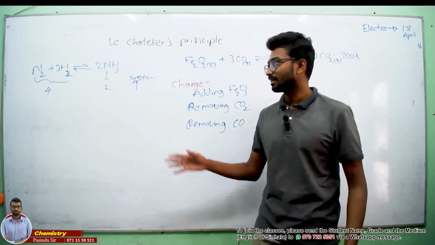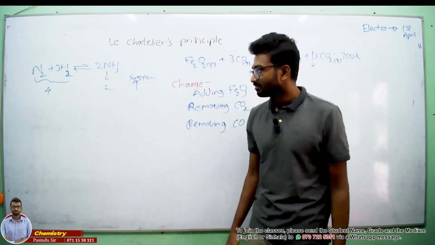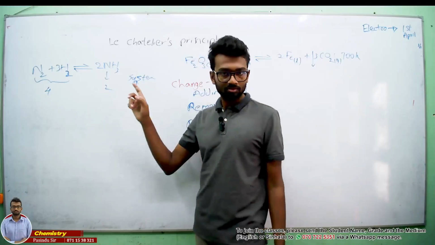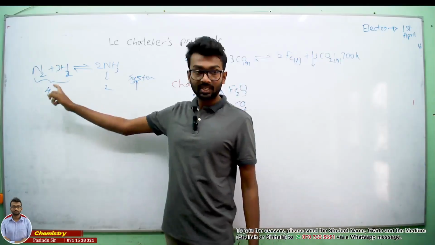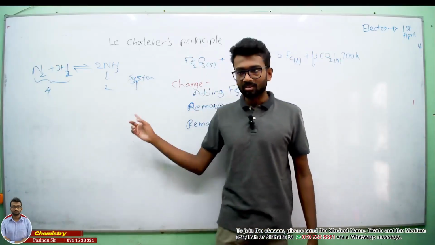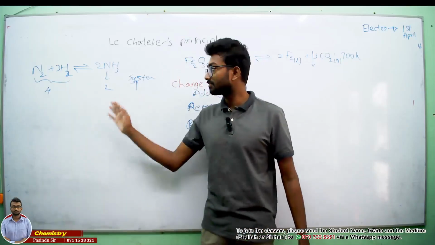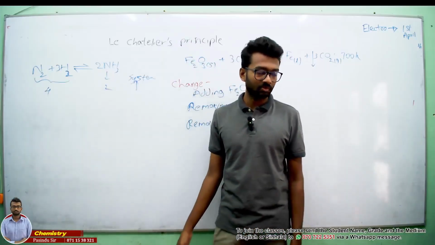Doesn't matter whether it's ammonia or what. If it's a gas, it's a gas. Here, 2 molecules are formed. In this side, it has 4 molecules. What will happen if the reaction goes to the left side, or the backward reaction happens more?